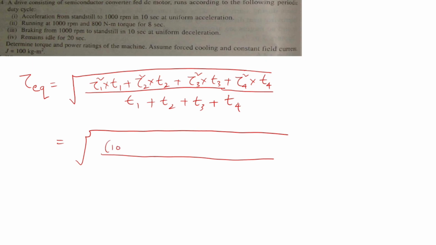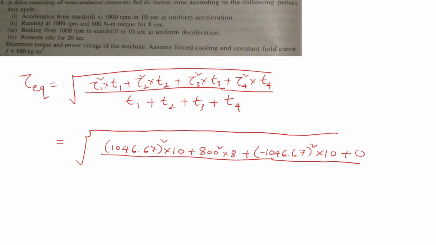Tau1 is 1046.67, and the time interval was 10 seconds. Tau2 was 800, time interval was 8 seconds, and tau3 we found to be minus 1046.67, squared, and the time interval was 10 seconds.